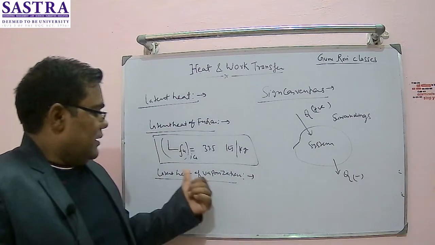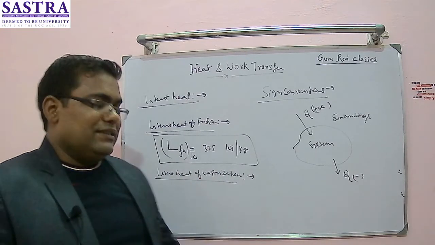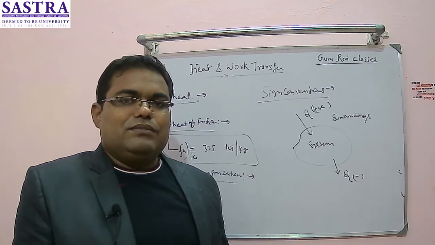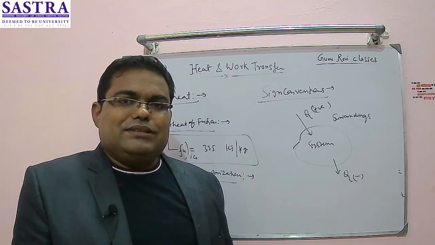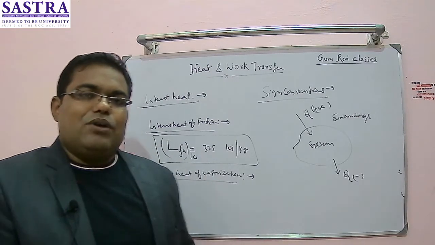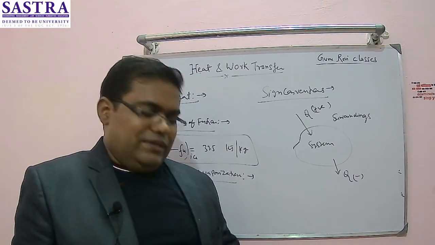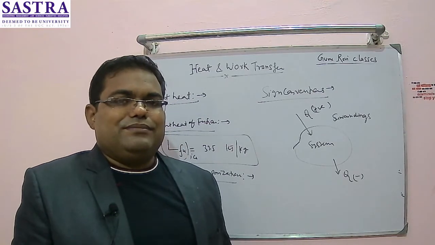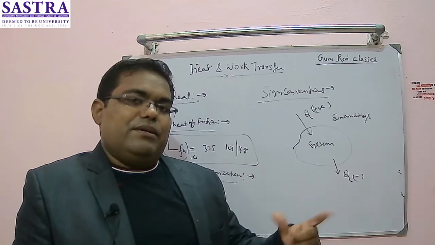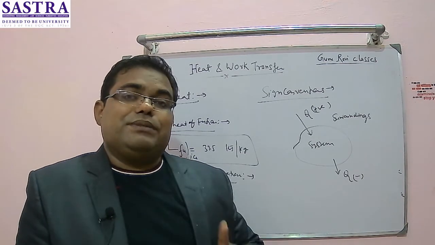Latent heat of vaporization is the amount of heat transfer required to make a phase change from liquid to vapor. Similarly, latent heat of condensation, opposite to it, is the amount of heat transfer rejected from the system to make a phase change from vapor to liquid at constant pressure and temperature.